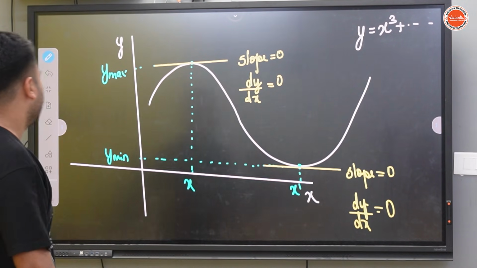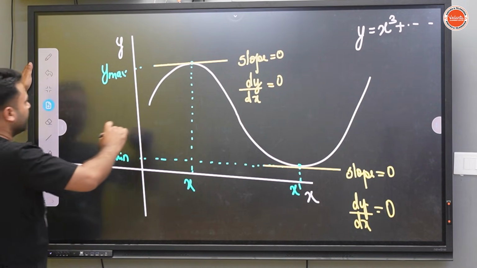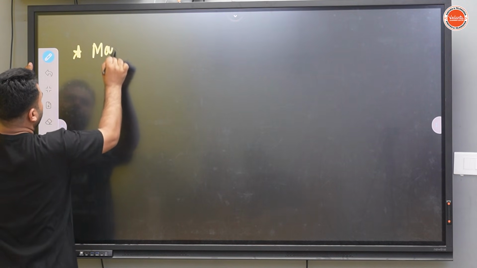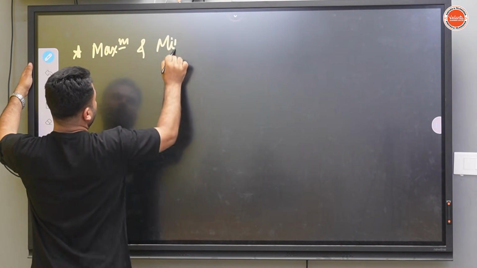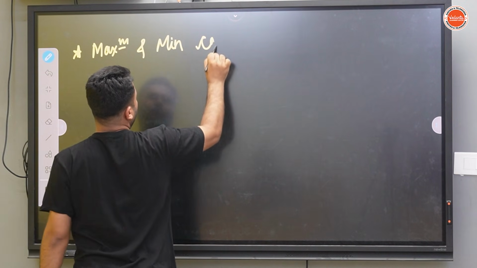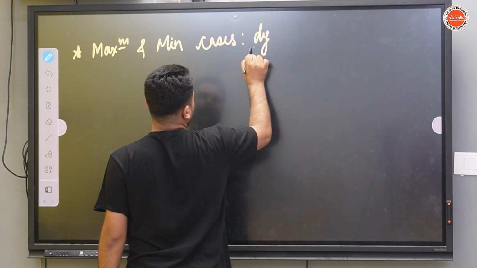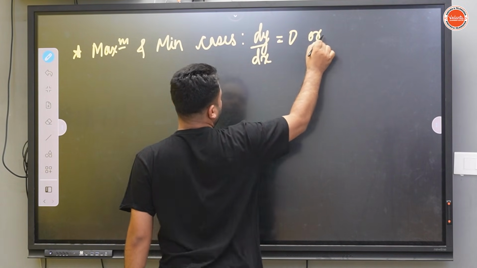Correct? So always remember, for maxima and minima cases, dy by dx equals to 0 or slope equals to 0.